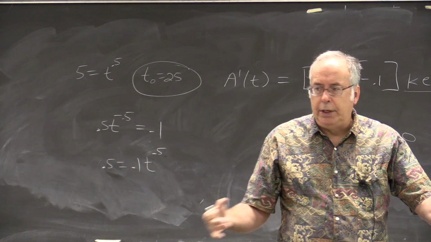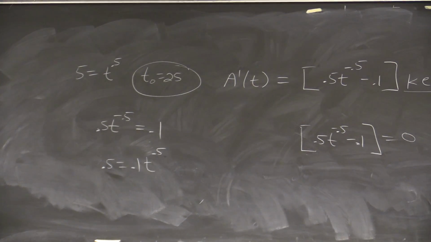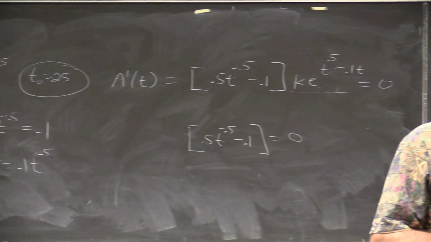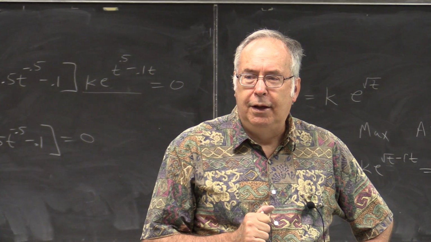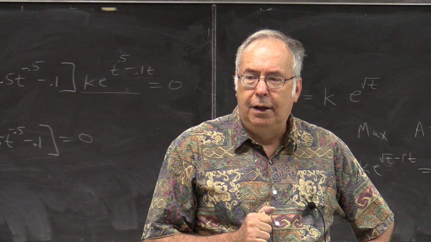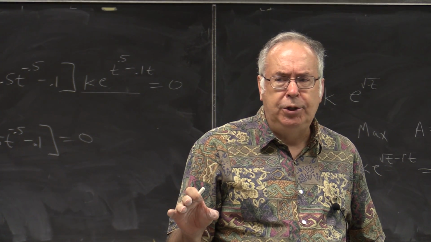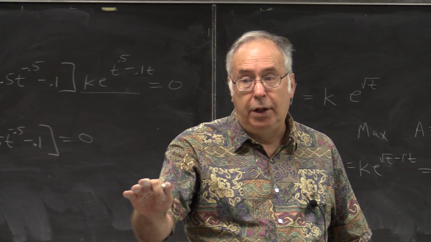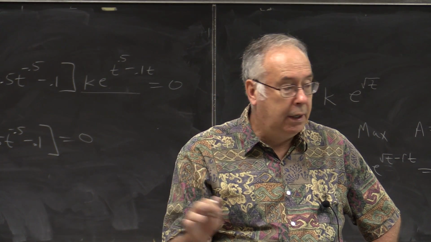So what comes next? Plug 25 for t back into the objective function. Okay, well, that's a little premature. Eventually, we will want to do that. But we want to make sure, take the second derivative.